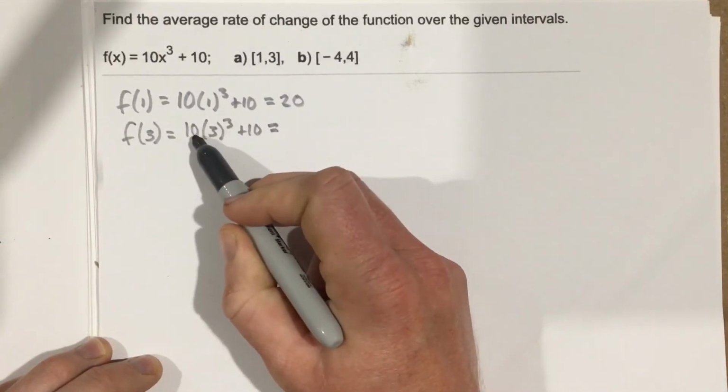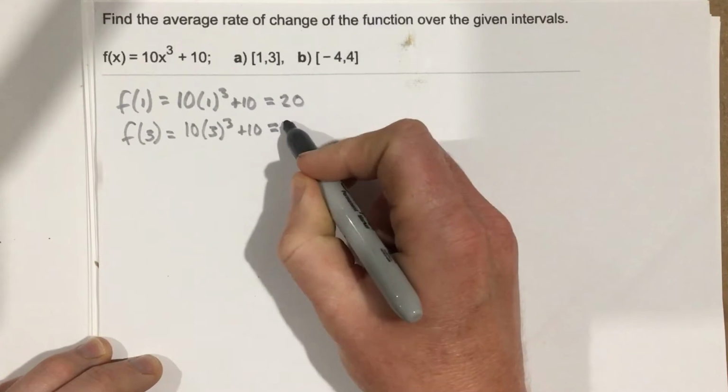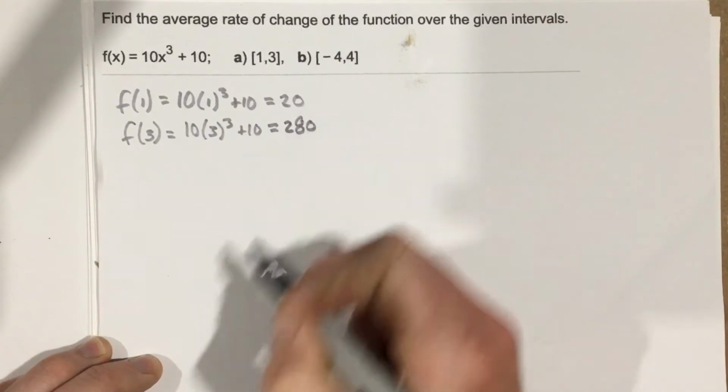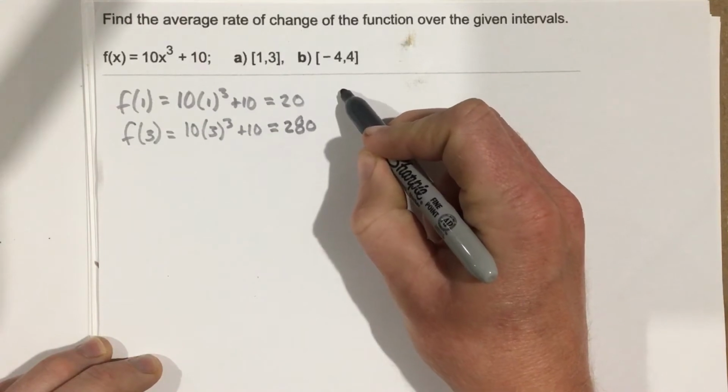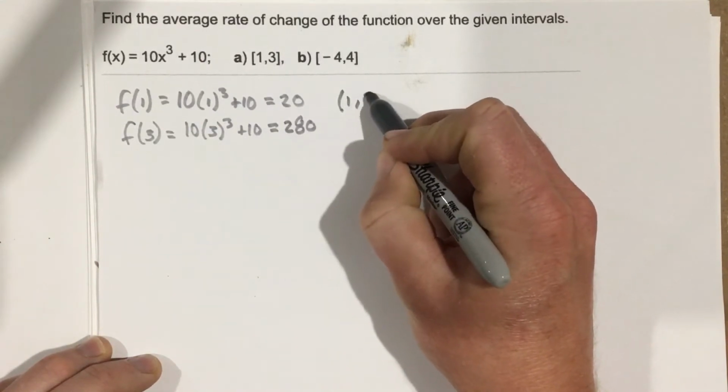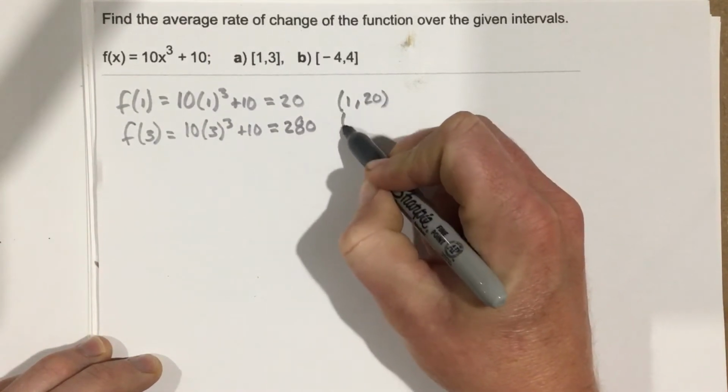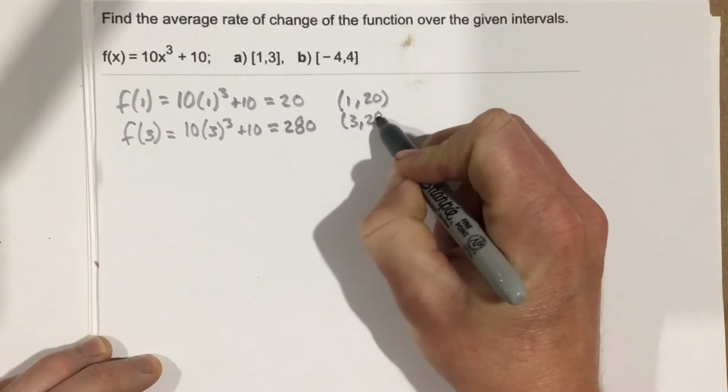So 27 times 10 is 270 plus 10, that's 280. And that tells us that we have coordinates that are (1, 20) and (3, 280).